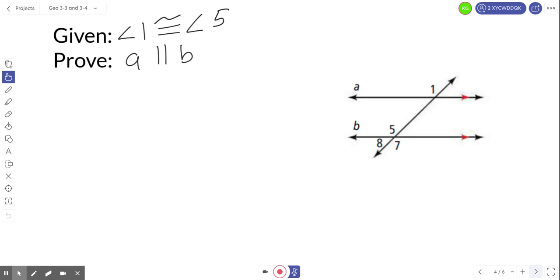Well, what we would do is first of all, we would make our 2 columns, statements and reasons.